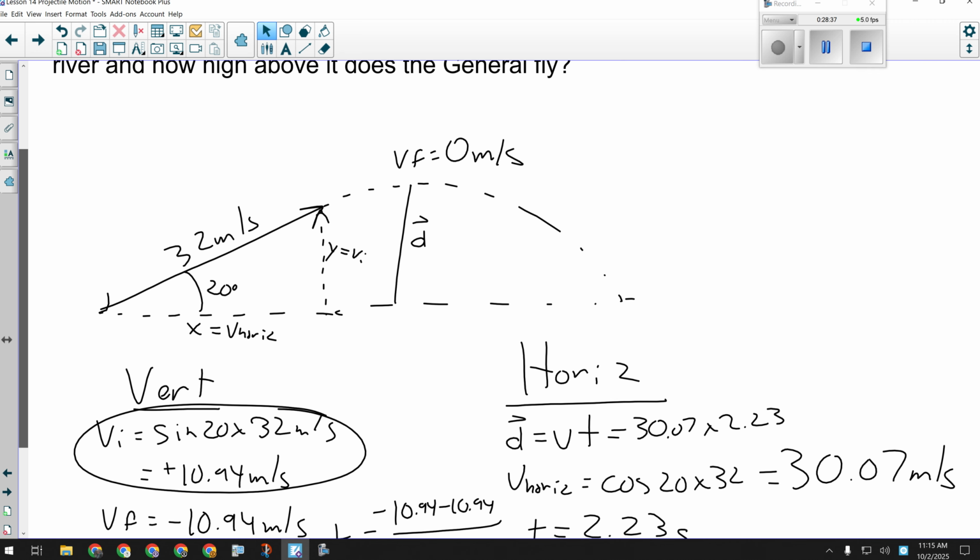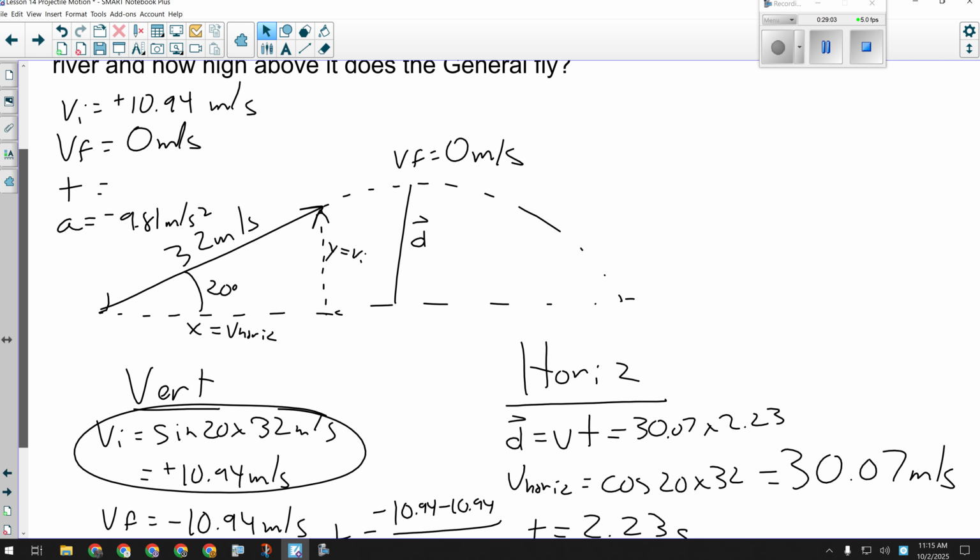Vertically, initially, it was moving at 10.94 meters per second, upwards. At the maximum height, VF is 0. And the time is half of 2.23 seconds. And the acceleration is negative 9.81 meters per second squared.